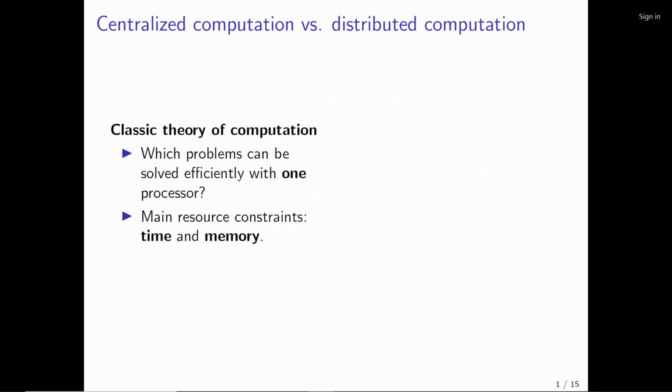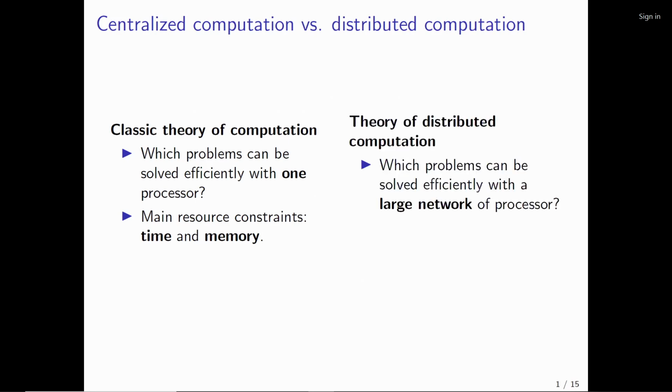Now, what is the difference with distributed computing? Well, in the theory of distributed computation, you actually don't care so much about one processor. Say that you have a very large network of processors. This network is modeled by some graph, right? Not everyone sees everyone. And in this context, we're also less interested in time and memory.